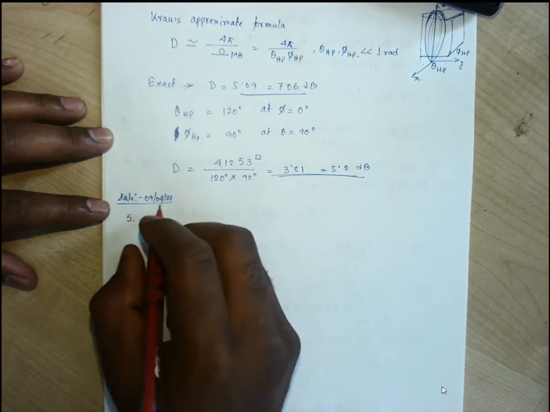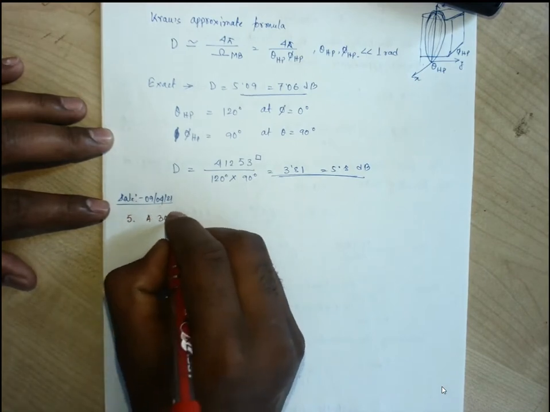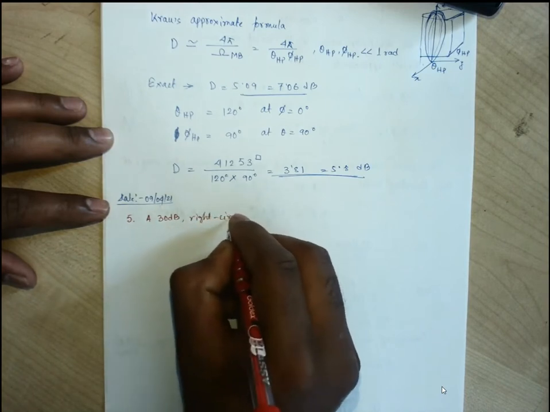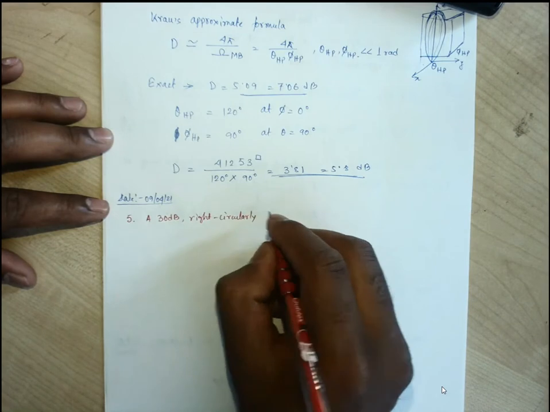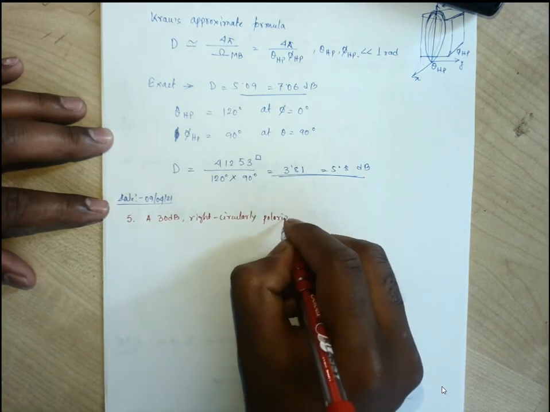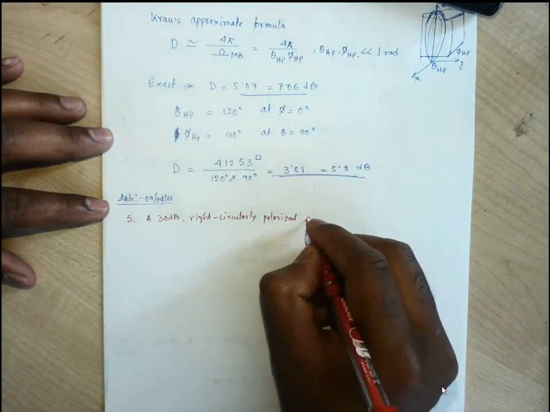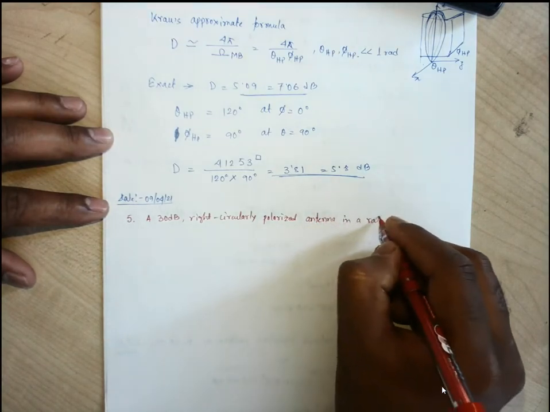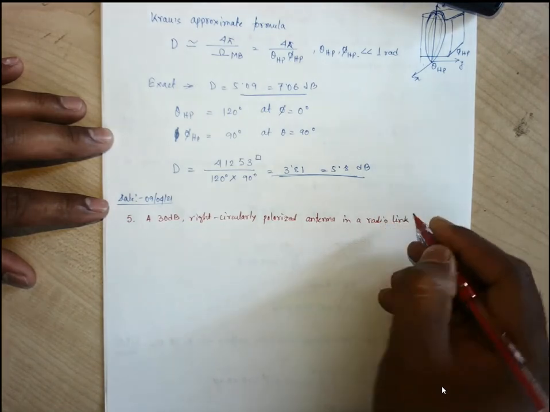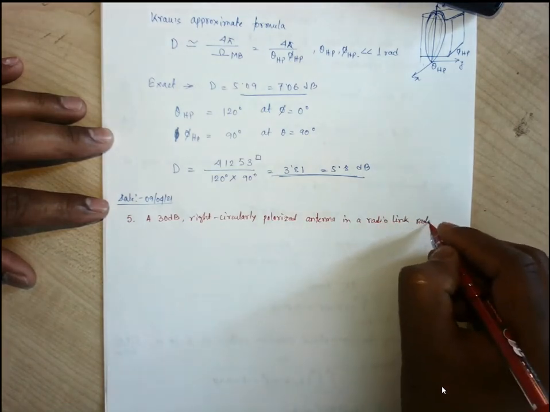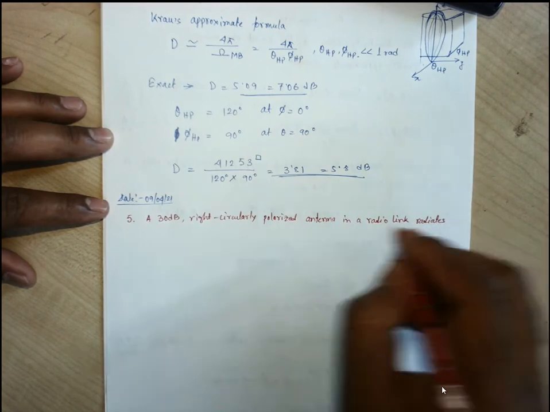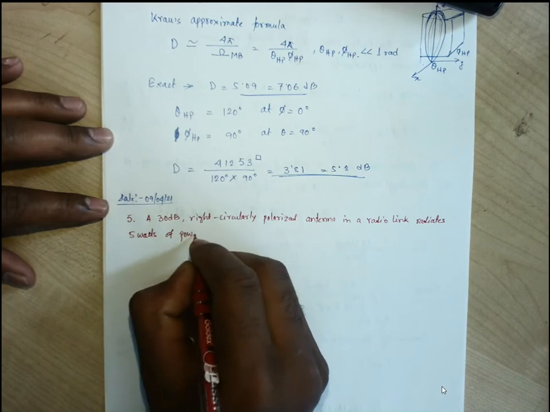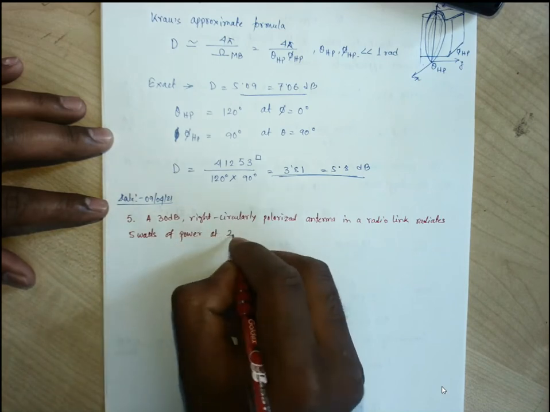So today's problem is a 30 dB right circularly polarized antenna in a radio link radiates 5 watts of power at 2 gigahertz.